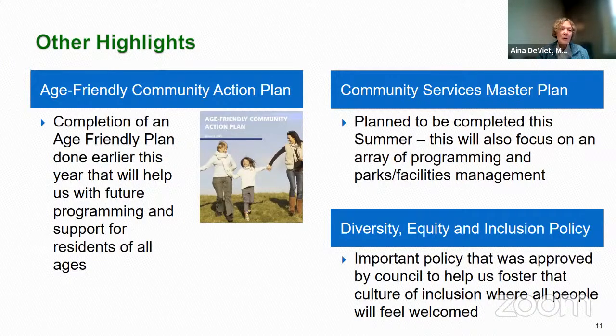By taking an age-friendly lens when making decisions, we can identify different approaches and unique ways of setting up programming or building things, to make sure that all of our community members can feel engaged and be active, feel valued and supported by others.